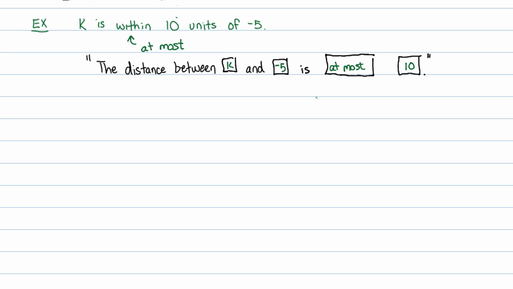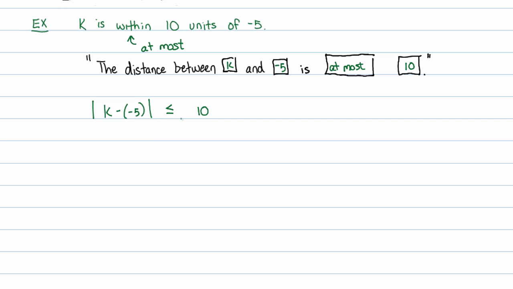So the distance between k and -5 is at most 10. So what does that mean? Well, the distance between k and -5 means the absolute value of k minus -5. Remember, it's the difference of those two numbers. And then something about 10. At most means it could be less than and it could be equal to, but it can't be greater than 10.